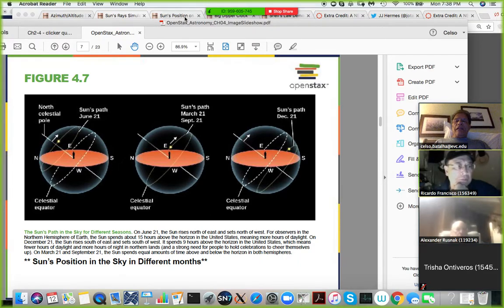Sun's position in the sky in different months. Take a look at this picture here. This is a dude sitting on its horizon, right? East, west, south, and north. The celestial equator is defined here, and the Earth's axis of rotation is defined here as well. So in the summer solstice, the sun's path in the sky has this orientation here.